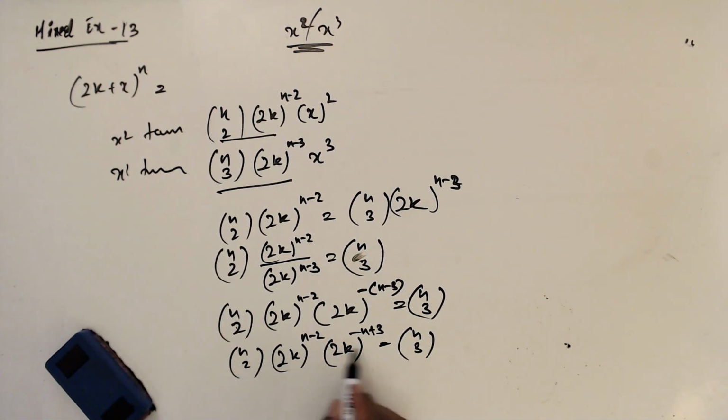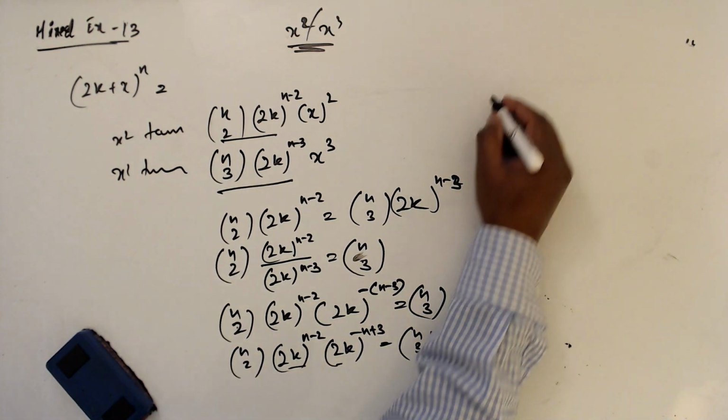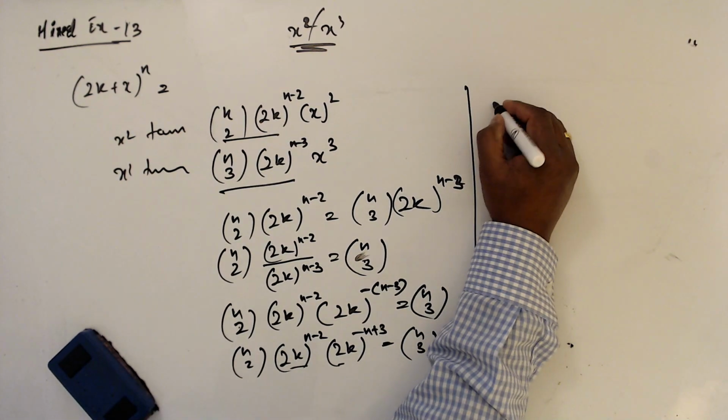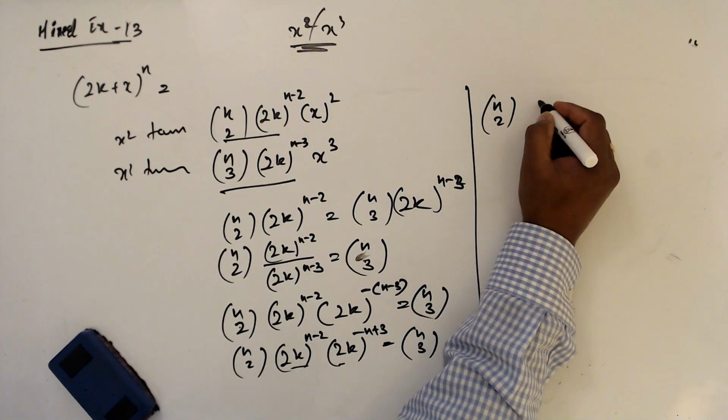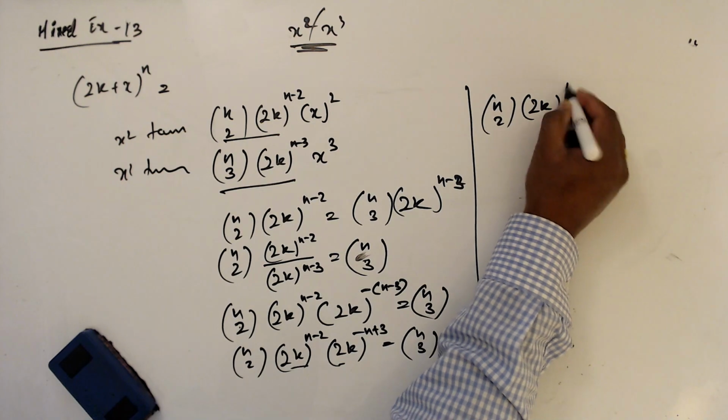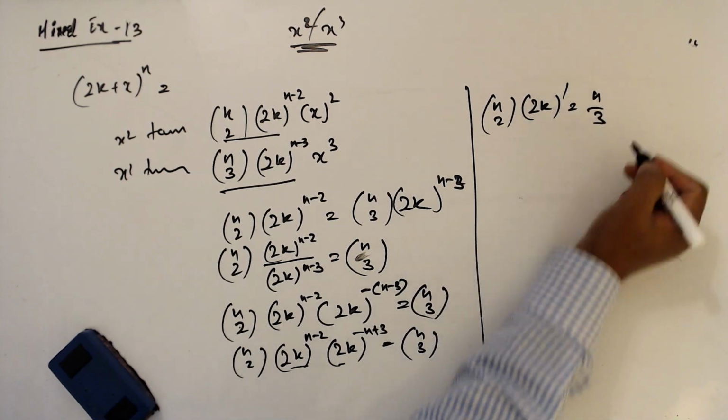When you add those two together, because the base is the same, we can add the powers. Minus n plus n cancel out. Minus 2 plus 3 gives plus 1. So now we end up with nC2 times 2k to the power 1 equals nC3.